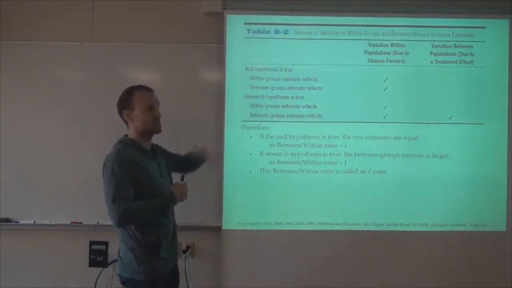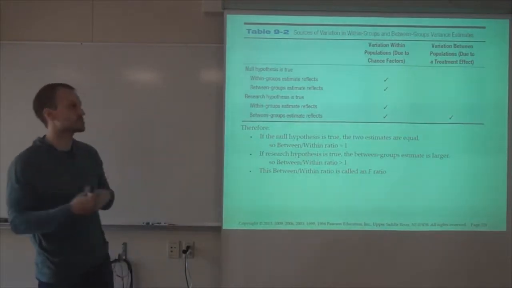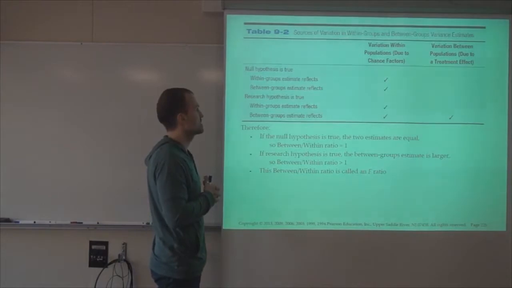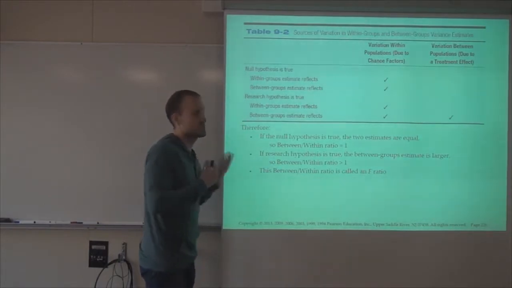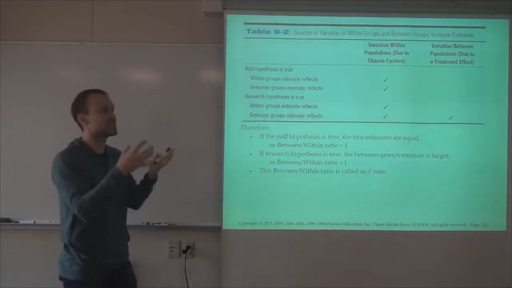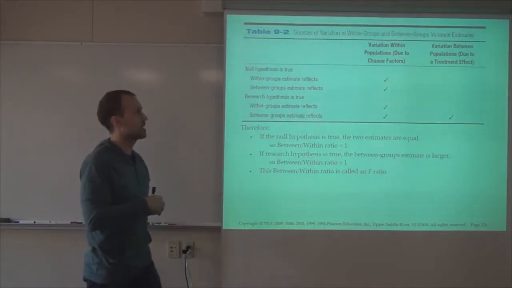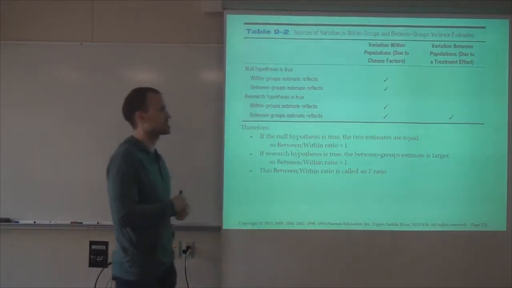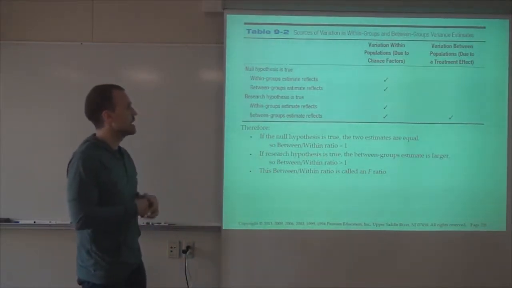And the between groups estimate, because I'm looking at the means of those groups, they're still going to reflect the variation within. But if the research hypothesis is true, the within groups estimate is still just going to look at within each population the chance fluctuations, the random fluctuations that naturally occur.